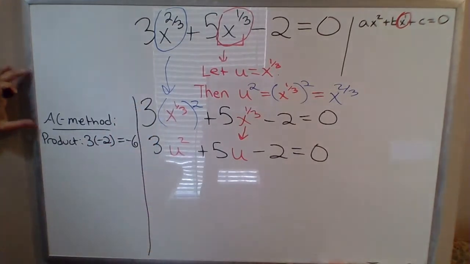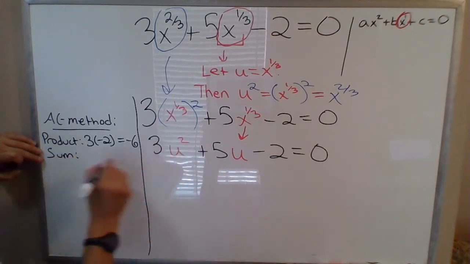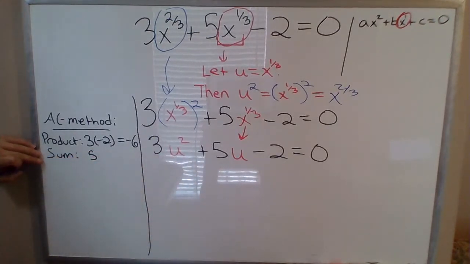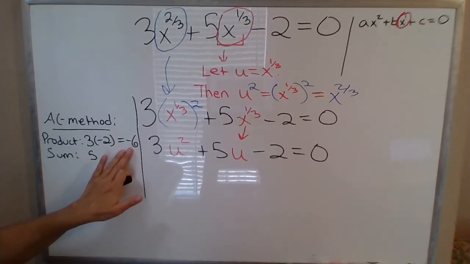Let me draw a line, separate out my scratch work over here. And the sum is the middle coefficient, which in this case is 5. So be real careful with this. It's easy to get these kind of problems wrong. But so we want two numbers where you multiply, you get negative 6.